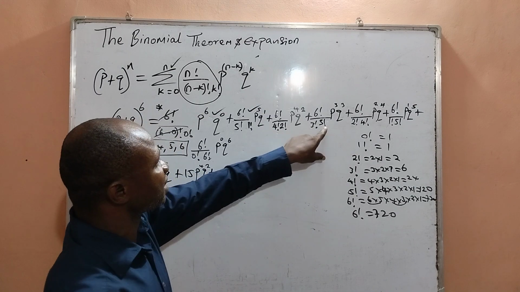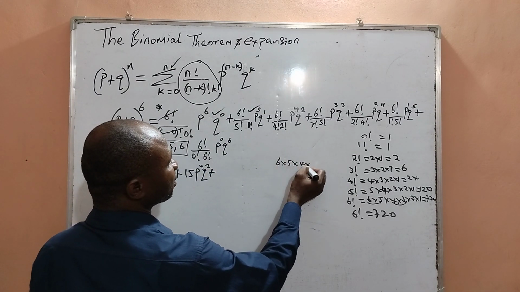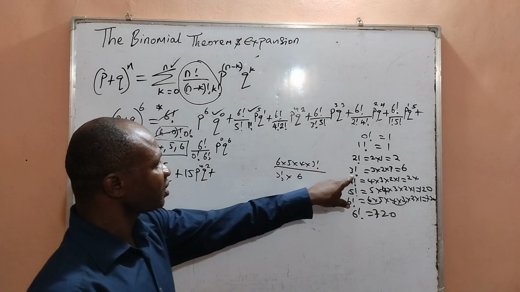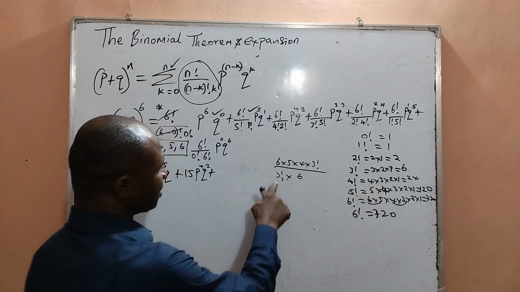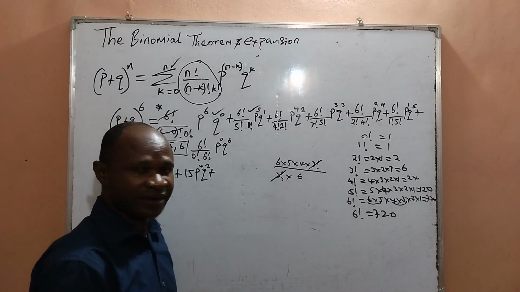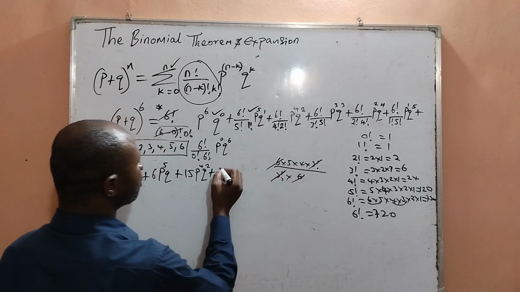Moving forward, what I have next is here. I have 3 factorial, 3 factorial. At the numerator, I have 6 factorial, which is 6 times 5 times 4 times 3 factorial, all over 3 factorial times 6. 3 factorial here is 6. Then the other 3 factorial will cancel with this 3 factorial. Alright? 6 can cancel 6, leaving me with 5 times 4, which is 20.